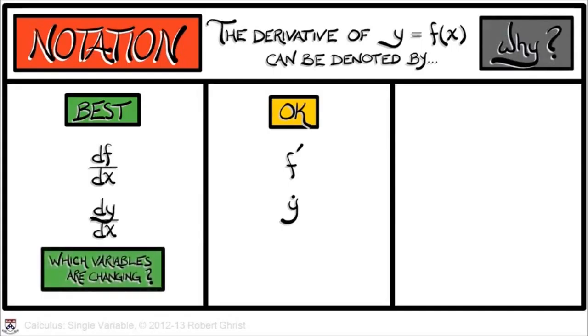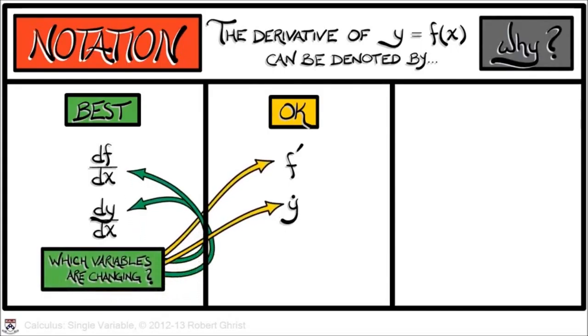Now, why the difference between these? Well, the best notations are those that tell you exactly which variables are changing. dy dx means the rate of change of y with respect to change in x. On the other hand, f prime or y dot can be a bit ambiguous. The dot, in particular, connotes change with respect to time.